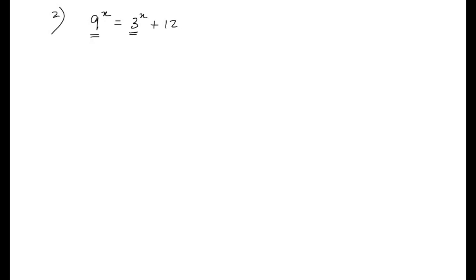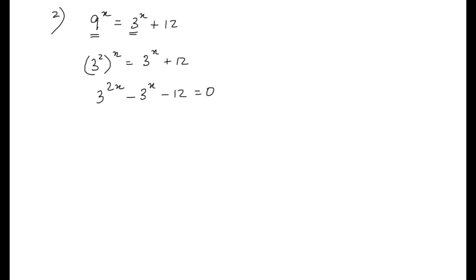So what I'm going to do here, I'll write it as 3 squared to the power of x is equal to 3 to the power of x plus 12. This becomes 3 to the power of 2x minus 3 to the power of x minus 12 is equal to 0. Now, though this looks strange, it's actually a quadratic equation.